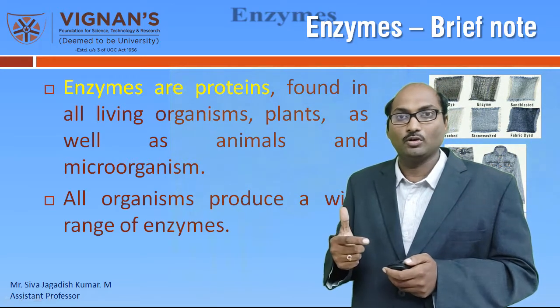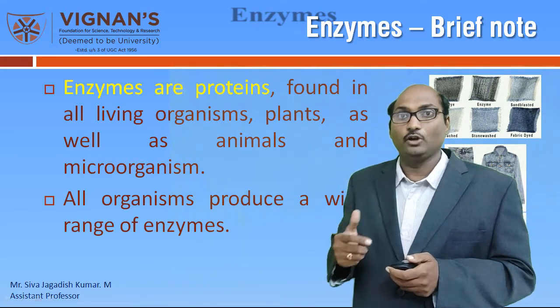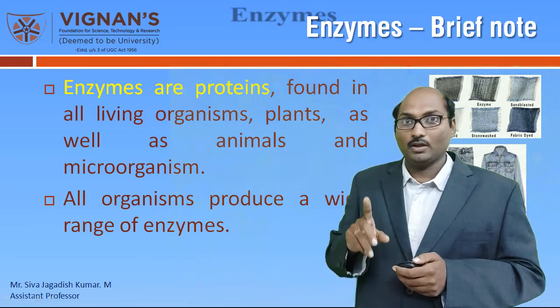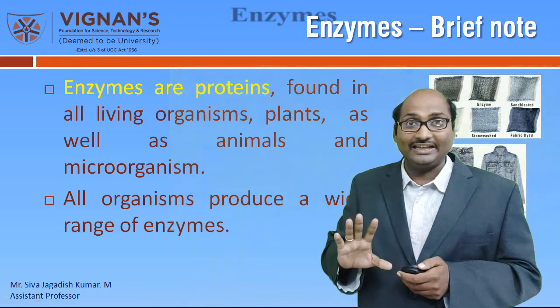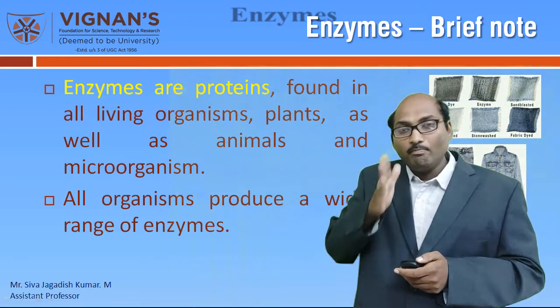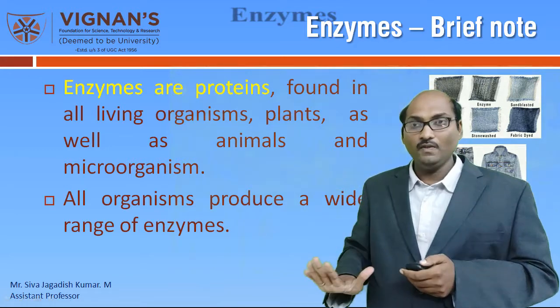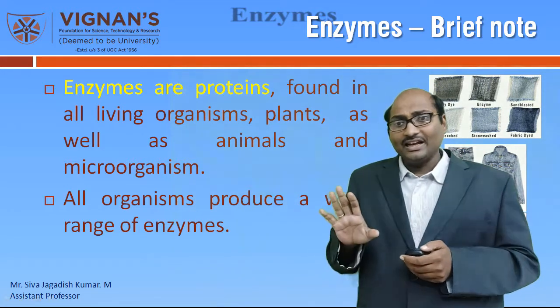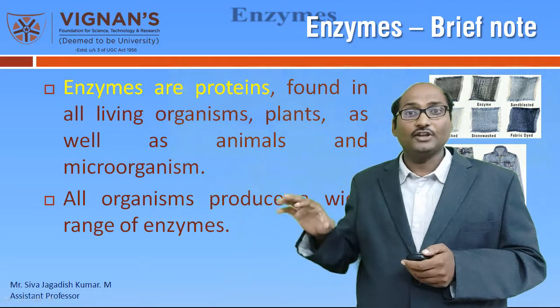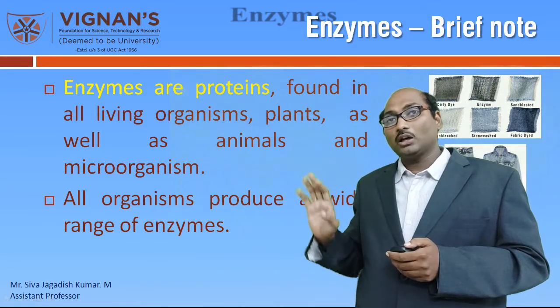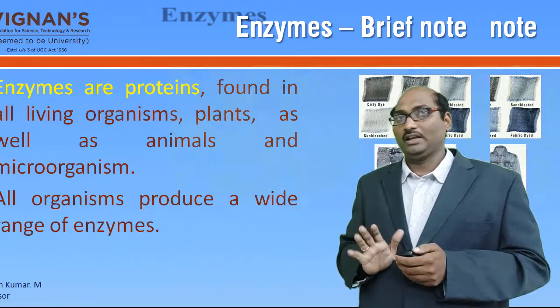I hope you understood where cellulase comes from. So cellulase is a protein or a biocatalyst which is used in breaking down cellulose molecules, generally found in all organisms which eat grass or cellulosic material. Understood? So all organisms produce a wide range of enzymes.